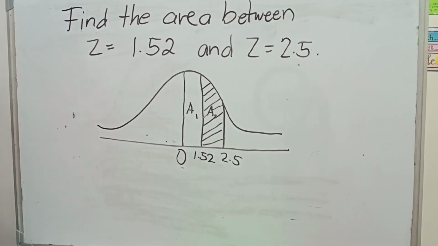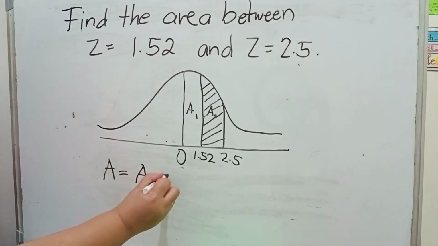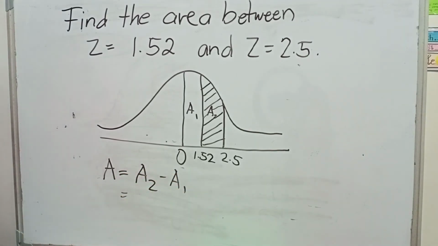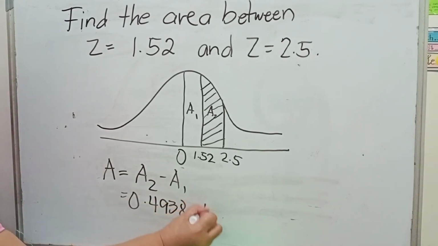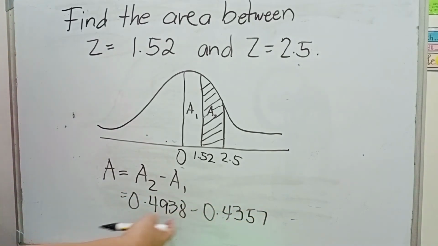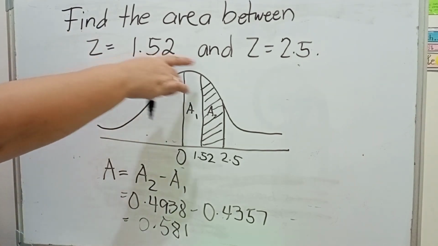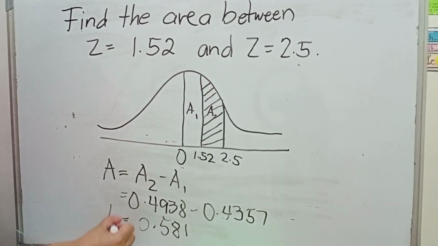After you locate these values using the table, we find the area: area equals A sub 2 minus A sub 1. A sub 2 is 0.4938 minus A sub 1, which is 0.4357. Finding the difference, you have 0.0581. Therefore, class, this is the area between z = 1.52 and z = 2.5.